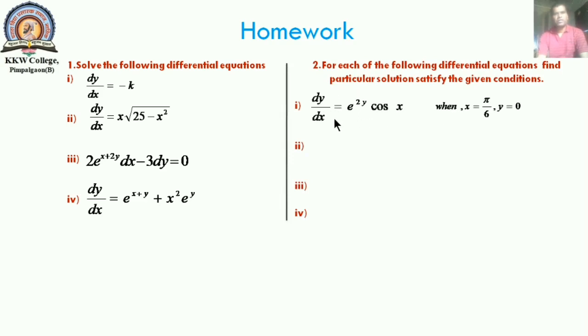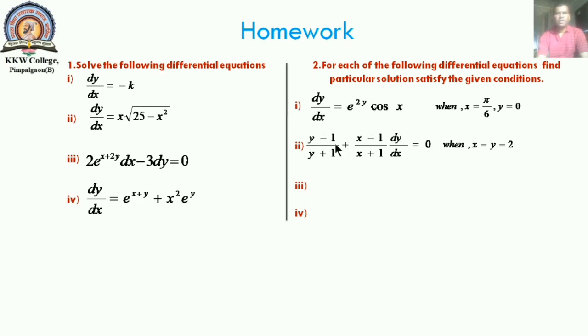Solve the differential equation by the variable separable method. dy by dx is equal to e raised to y by cos x, with initial condition x is pi by 6, y is equal to 0. Find the particular solution. Find the general solution using variable separable; you can easily separate the variables.